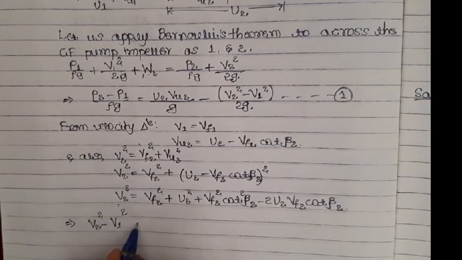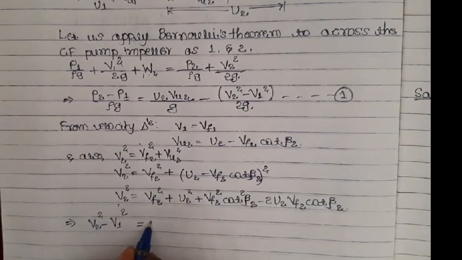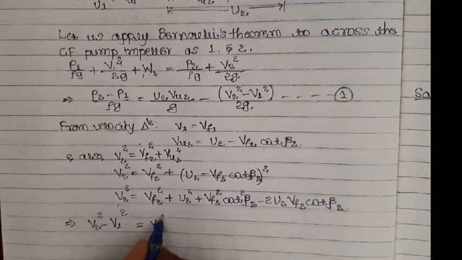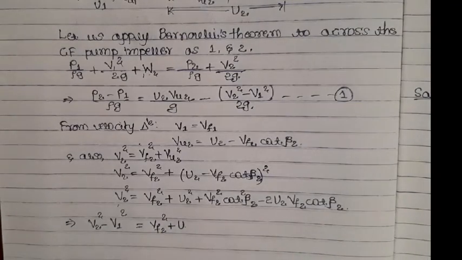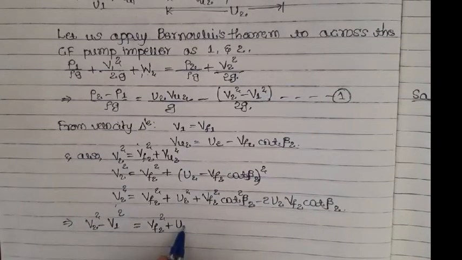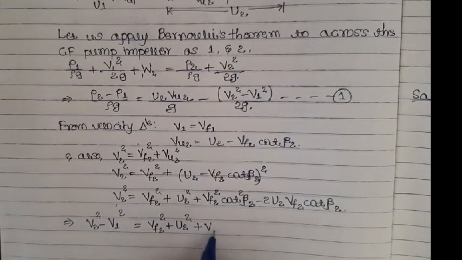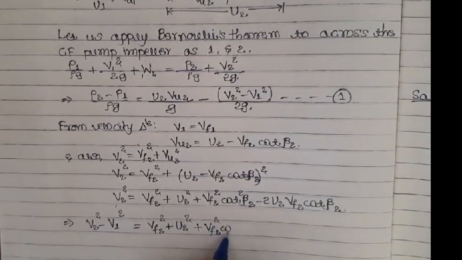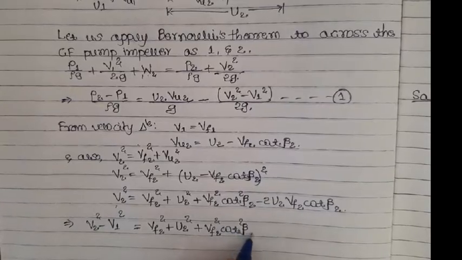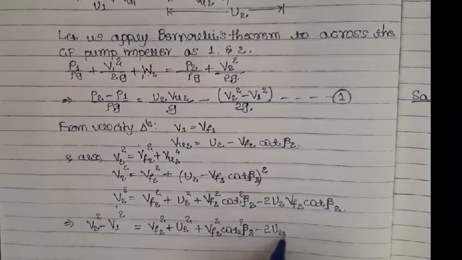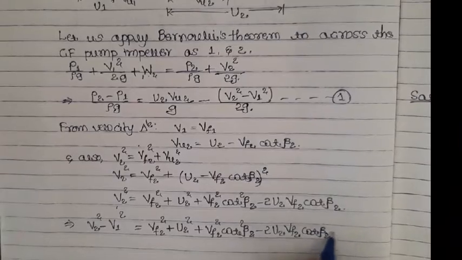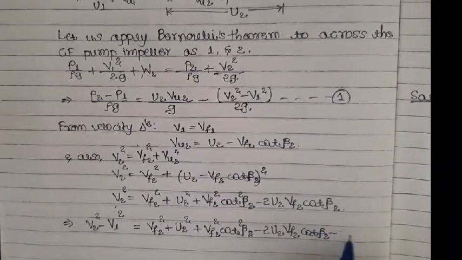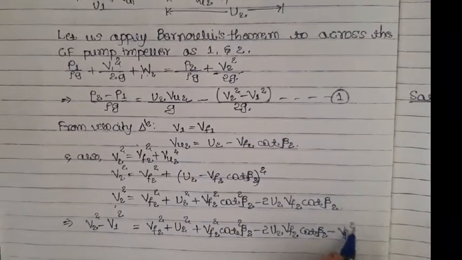V2 square minus V1 square becomes Vf2 square plus U2 square plus Vf2 square cot square beta 2 minus 2 U2 Vf2 cot beta 2, whole minus V1 square, and V1 is equal to Vf1, so V1 square is Vf1 square.